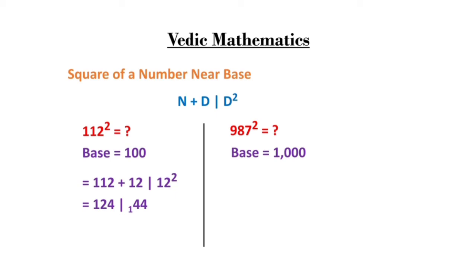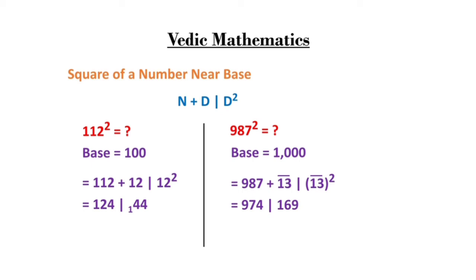For 987 square, the first part is 987 minus 13 equals 974. The second part is minus 13 square, which is 169. It is assumed you know the squares of 12 and 13 here. If not, you can use the same formula to find the squares of 12 and 13, as both are near the base 10.